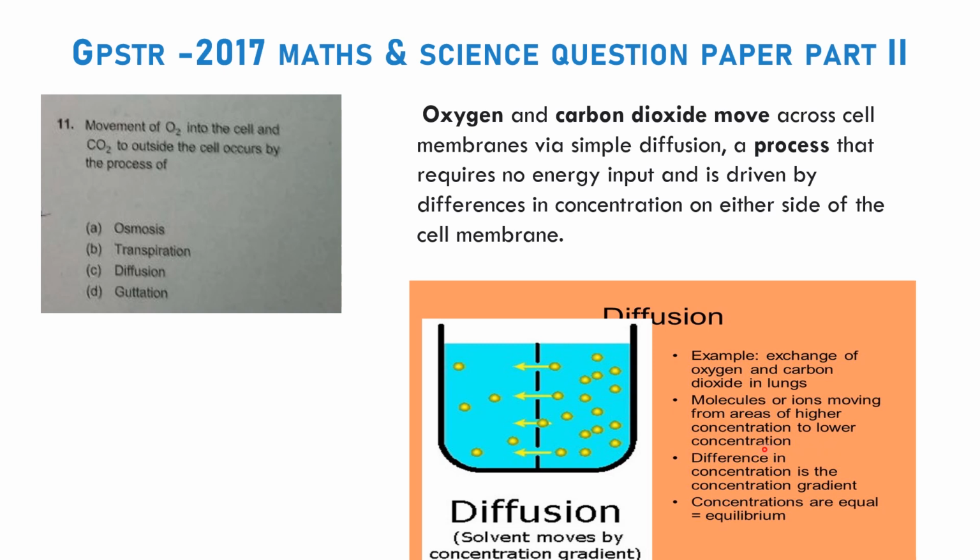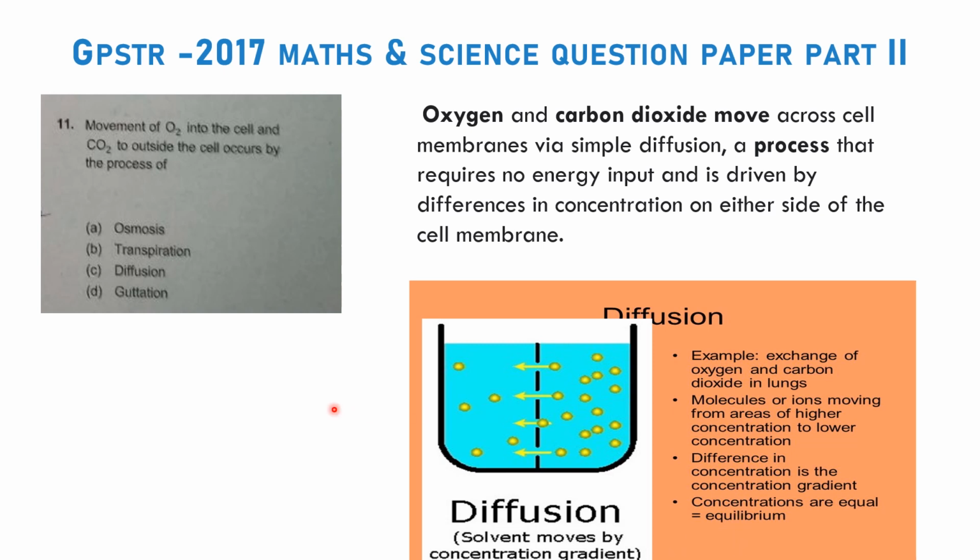A difference in concentration is the concentration gradient. When the concentrations are equal in both cases, we call that equilibrium.